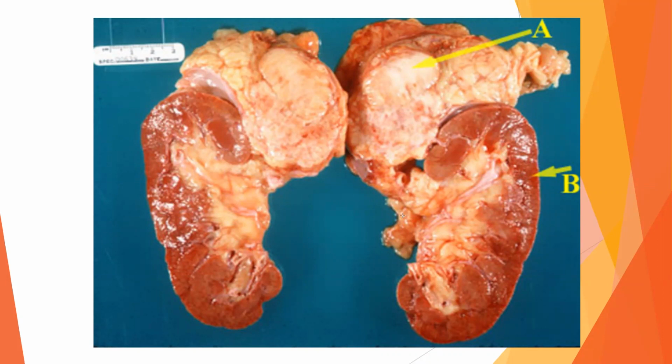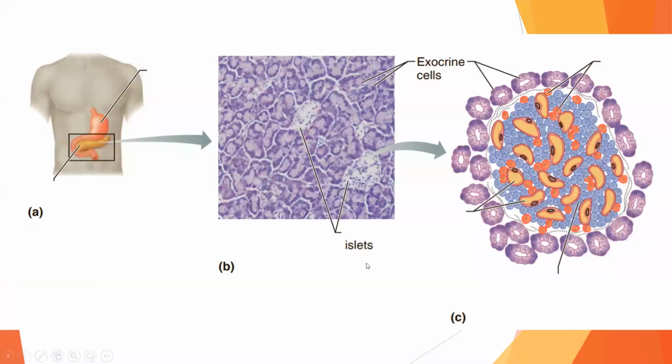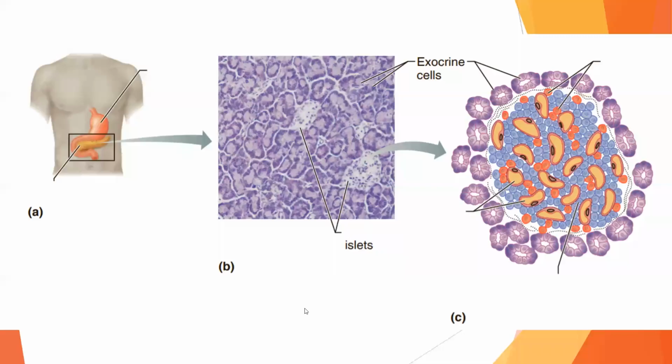Now let's proceed to another endocrine organ that is found in your abdominal cavity. Can somebody from the group identify what gland is being shown in the image on your screen? You are correct. This is going to be your pancreas.